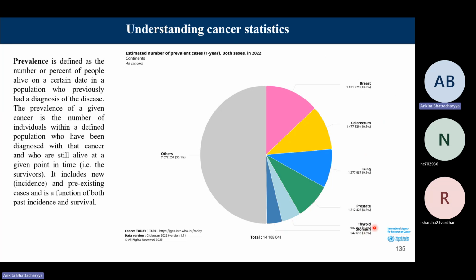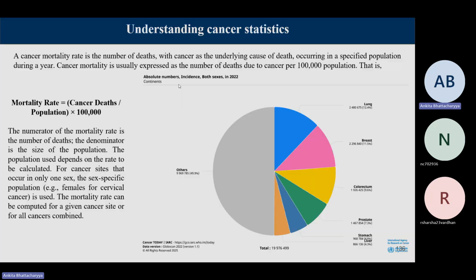Thyroid cancer emerges quite towards the top. You also have stomach cancer, and other cancers include a lot of other different types, which you can refer to. And this is indicated in this way because otherwise you would not be able to show so much information on this graph. But in a tabular fashion, all of this information can be availed very easily. So this is the difference between the terms incidence and prevalence.